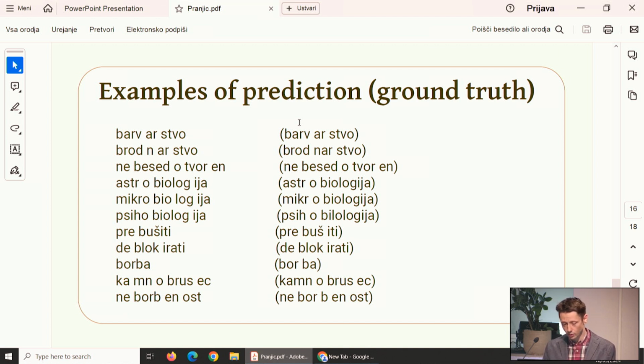For example, in this second line, the first mistake is visible also in the second line, but all in all, it got a feeling for the task, and we are actually pretty happy with the results, and we think we can also further improve it and use it in some other applications.